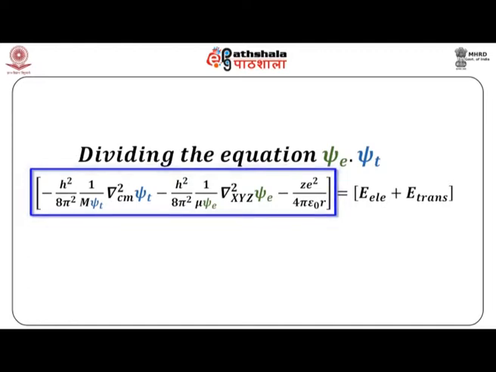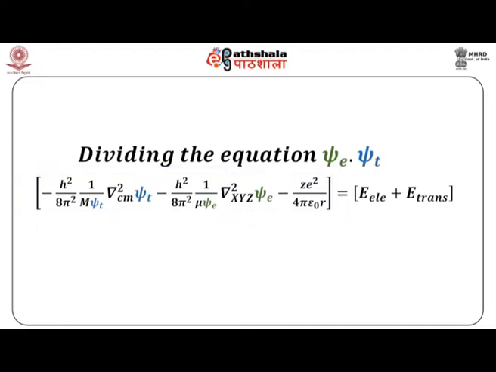That means del E square would be in terms of x, y, z coordinates, which are the coordinates of the electron relative to the nucleus, psi e, minus z e square upon 4 pi epsilon 0 r, which is the potential energy term. And the right hand side is E electronic plus E translational.